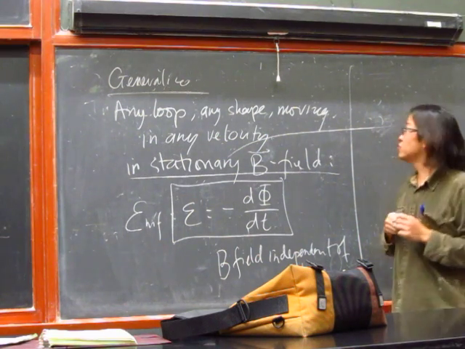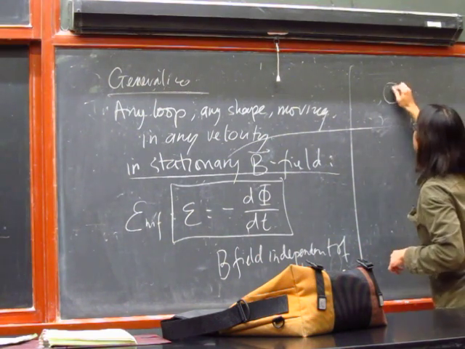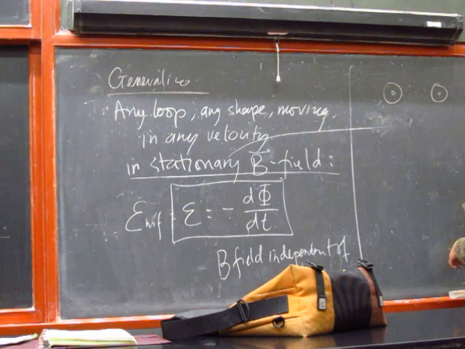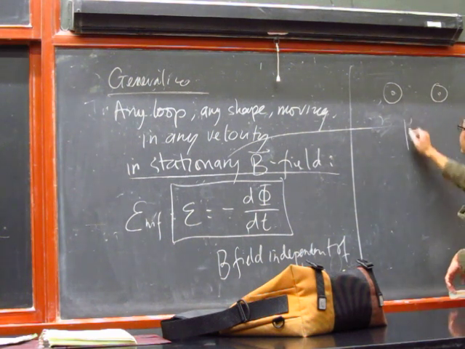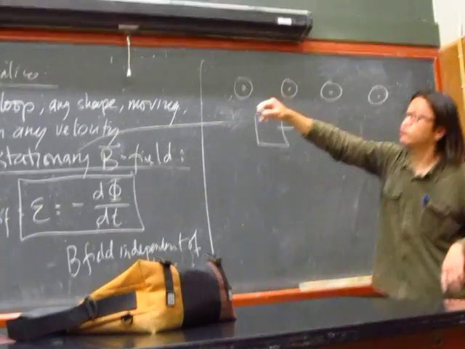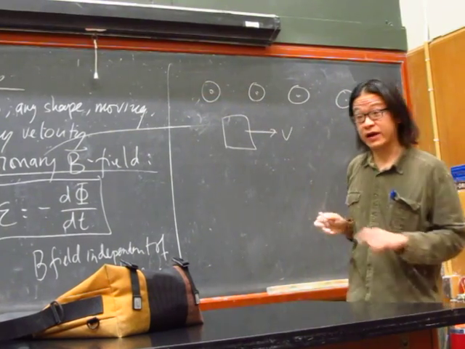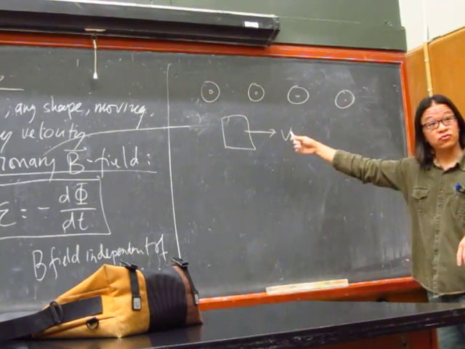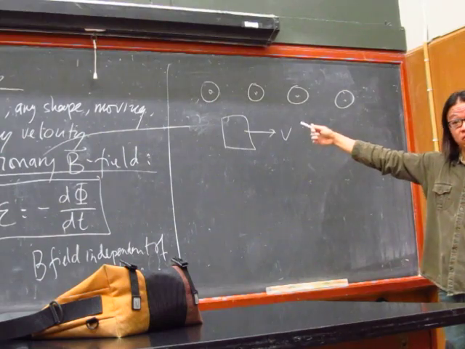Right? So if I consider a B field everywhere, and then I have a loop moving like that, right? You can calculate the same thing. You don't have to go through this machinery of calculating flux. You can just go through the calculation of the Lorentz force.